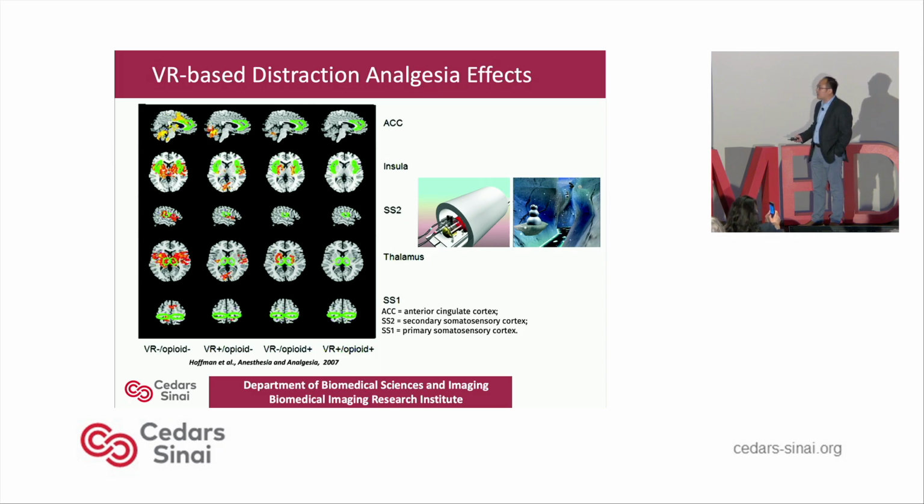And then the second column is with VR but no opioids. The third column is with no VR but opioids. The fourth column is VR plus opioids. But if you focus on the middle two columns, with VR or opioids alone, they are almost identical in achieving a similar degree of decrease in brain activity in response to pain.